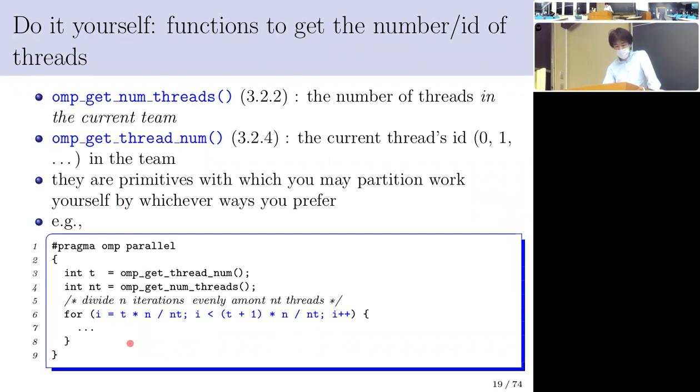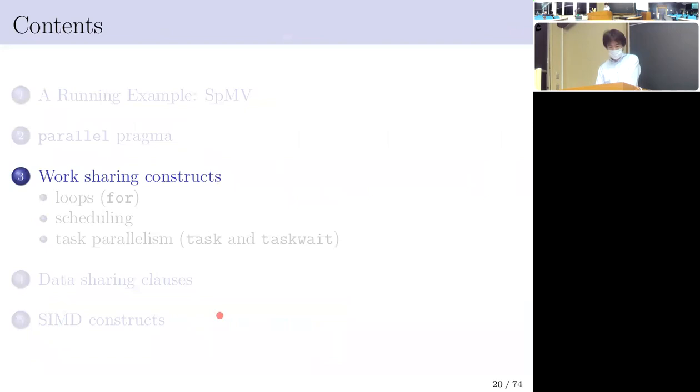Here's a simple example to divide the entire iteration from 0 to n-1 among this number of threads. The details are not very important, but basically it is dividing the interval 0 to n in the simplest way you can think of. But this is, of course, theoretically all you need, but it's very inconvenient.